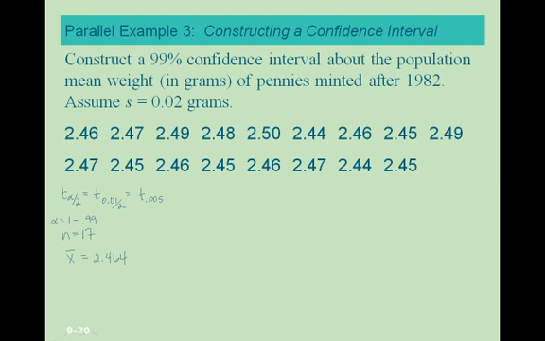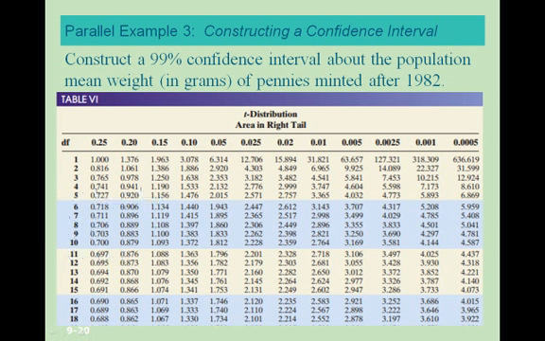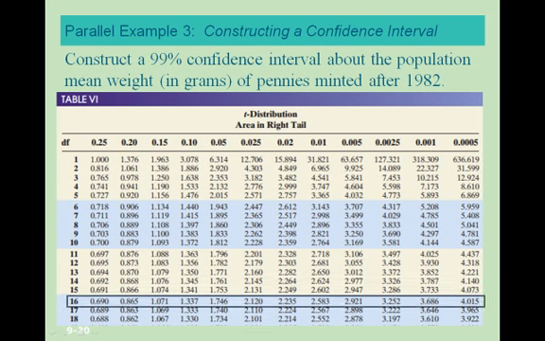So to locate t, let's look at our chart. For degrees of freedom, n minus 1, we have 16. And our 0.005 is the area in the right tail. And so we see we get a value for t equal to 2.921.